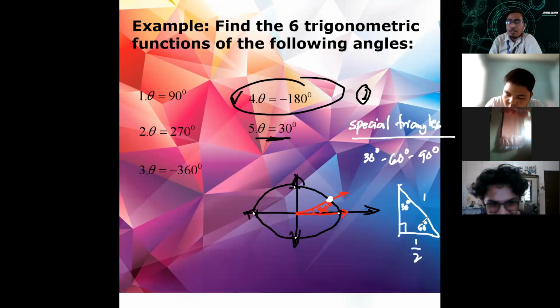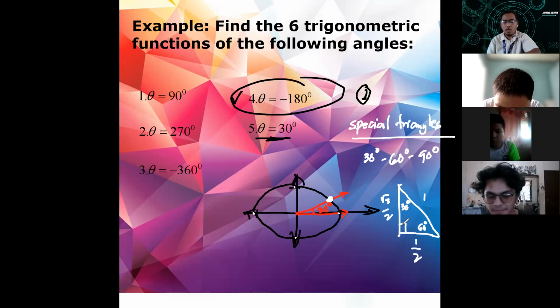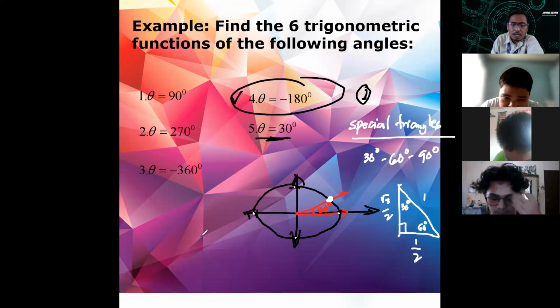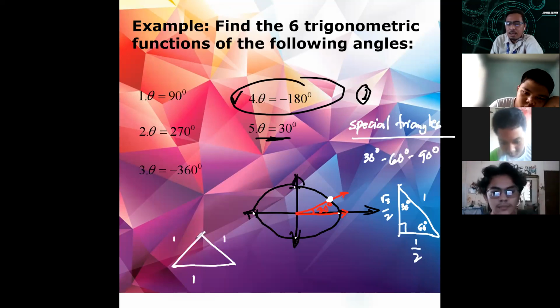And the opposite of 60 is square root of 3 over 2. Remember, it was 1, 1, 1. If you separate that into 2, this is just 1/2. The missing one is just this side.